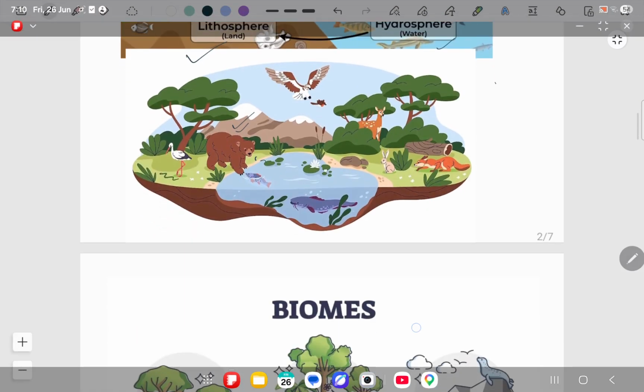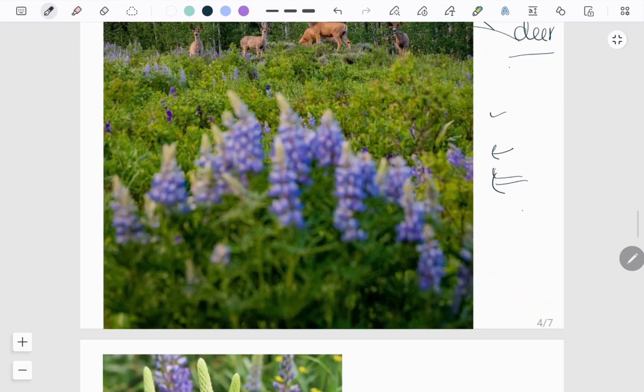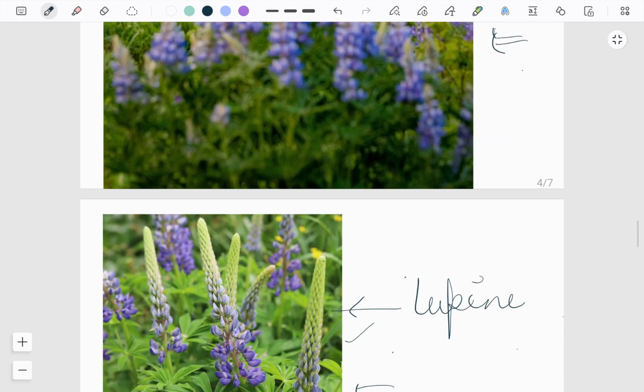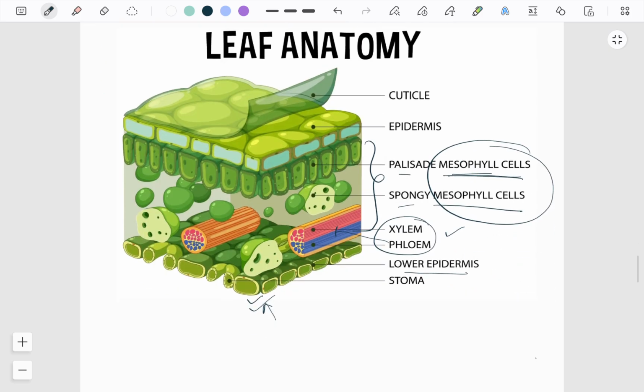Now, if I say different cells in your body, suppose they make up a tissue. So those cells together give some property to the tissue. For example, if I say dermal tissue system, in this leaf, the cells of the epidermis together make up the dermal tissue system.